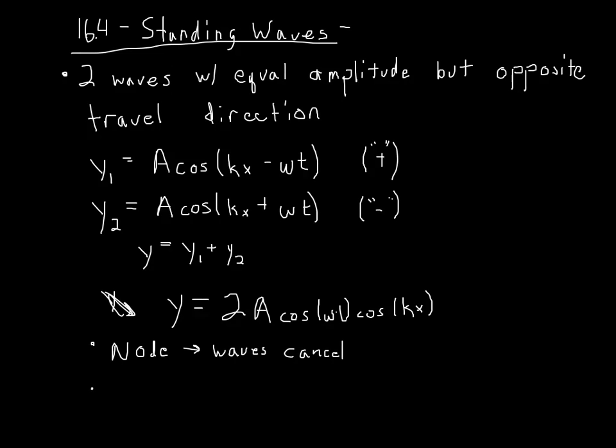Conversely, when I have two waves combining to maximum effect, I get something called an antinode. So this would be when a crest meets a crest or a trough meets a trough. This is waves combining to their maximum amount.